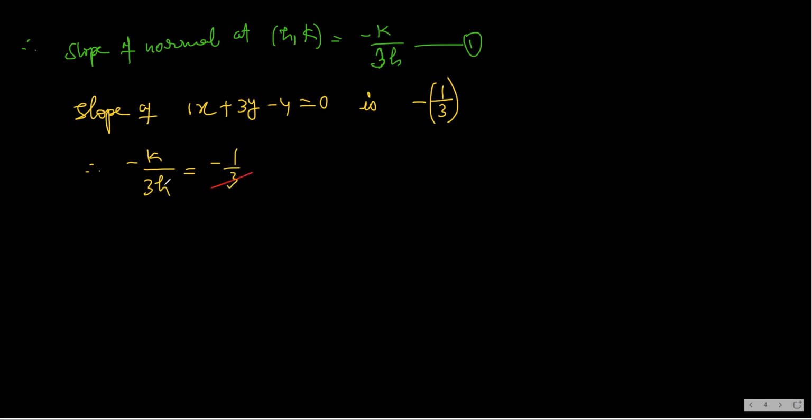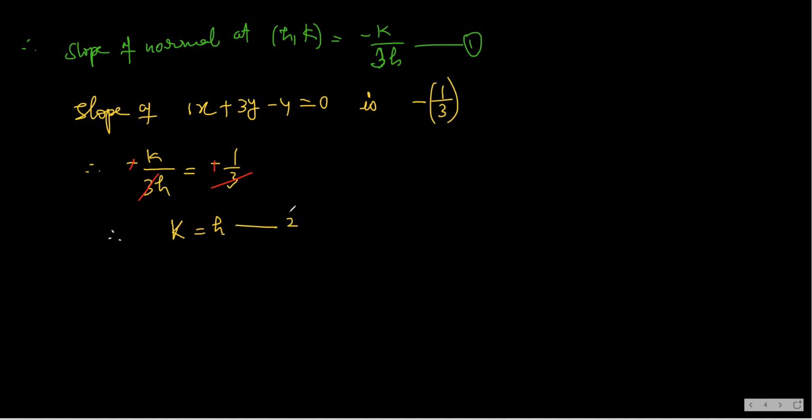Okay, so this 3 and 3 will cancel, common denominator, and this negative sign will also cancel. So we will have k equals to h. This is the first equation I got, k equals to h.